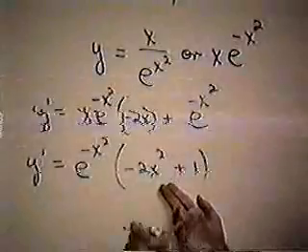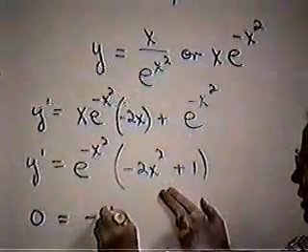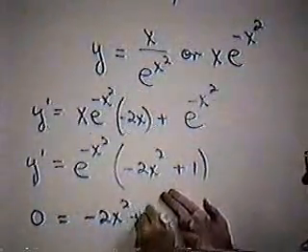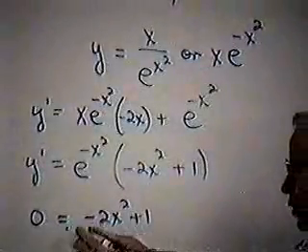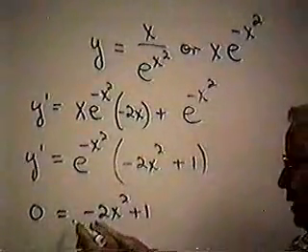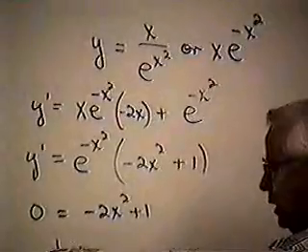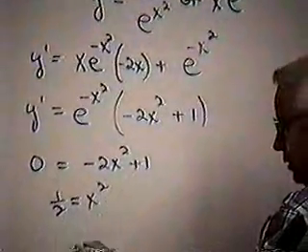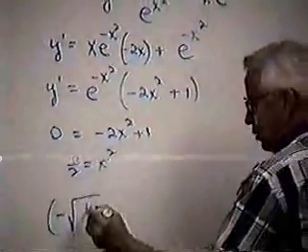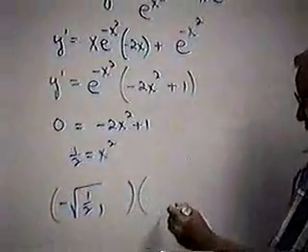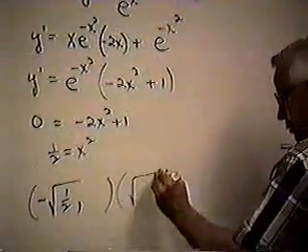You set this part equal to 0 and solve for x. And when you do that, moving the 1 across, you get a minus 1 divided by minus 2. You get 1/2 is equal to x squared. So therefore, you get minus the square root of 1/2, and you get plus the square root of 1/2.